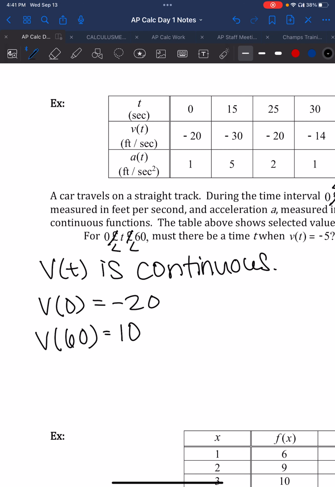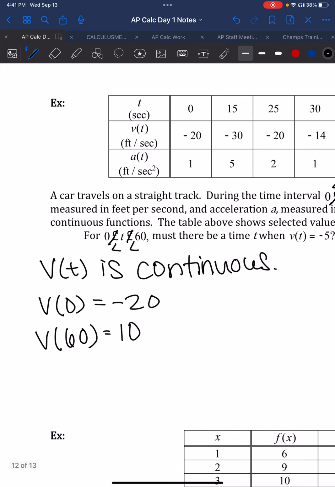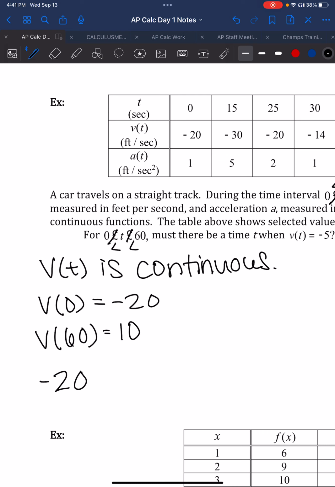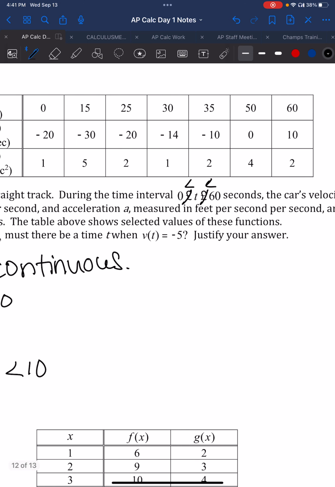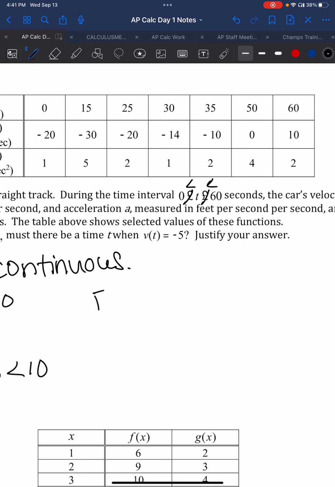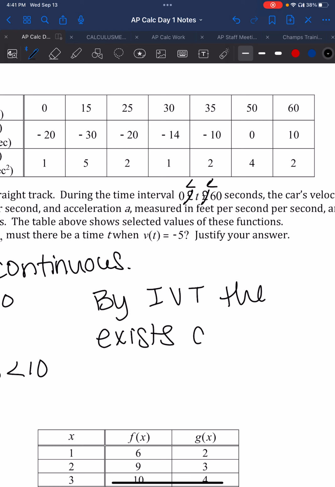We want a value of -5, so -20 < -5 < 10. So it is continuous, and our y value is in between the endpoints' y values. So that means by IVT, there exists a value t where v of t equals -5.